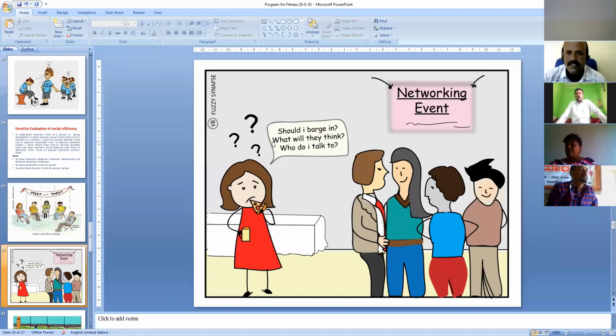Should I bargain with them? What will they think about me? What do I talk to? How should I talk with them? All these confusions are there. You as a teacher can guide such students on how to approach friends. So to understand such students, these social efficiency and psychological qualities are very essential for you as physical educationists.